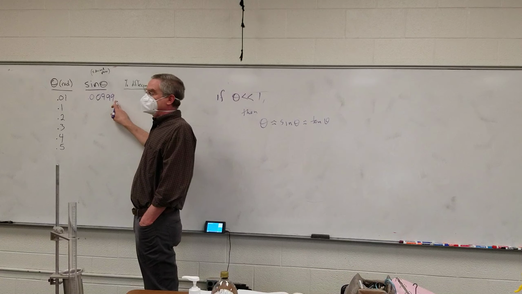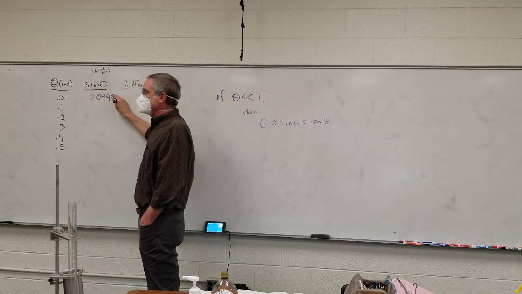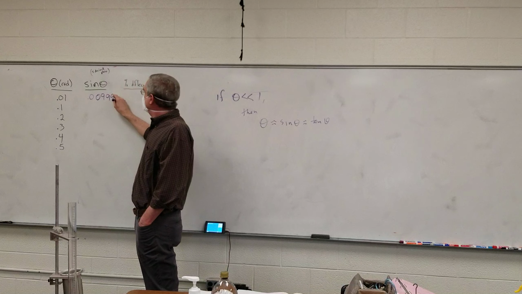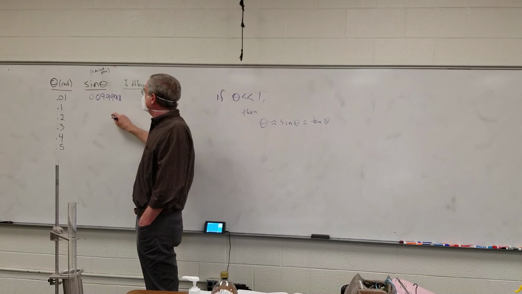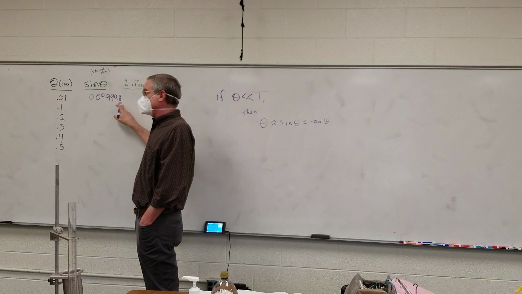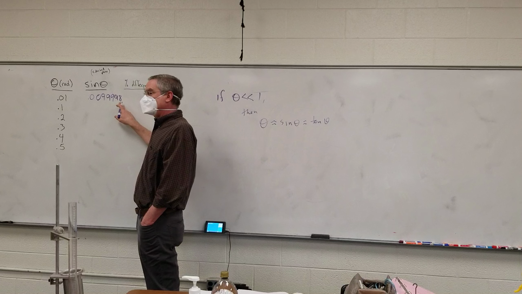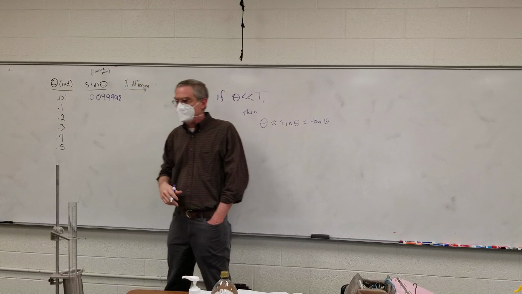I assume the next number is not 9. Yeah, it's 9. How many 9s do we have? 4, and then there's an 8. If we rounded off at that point, would it round to 8? Yes, it would round to 8. We'll go with that.